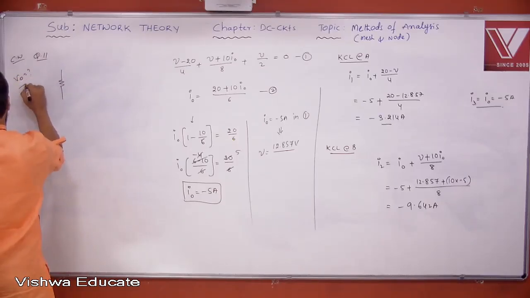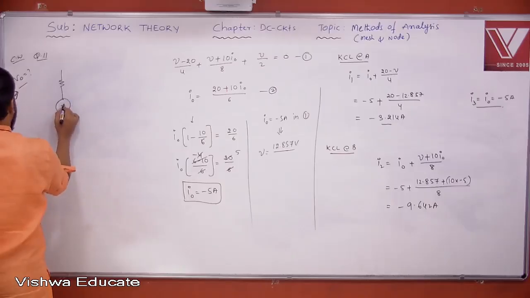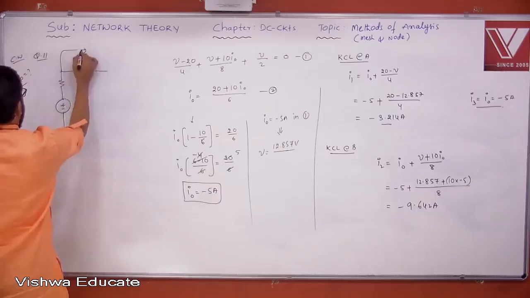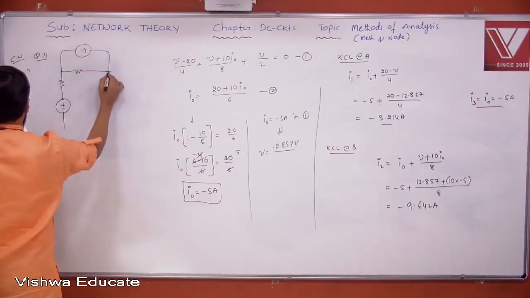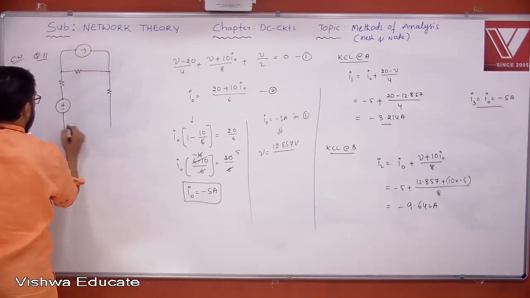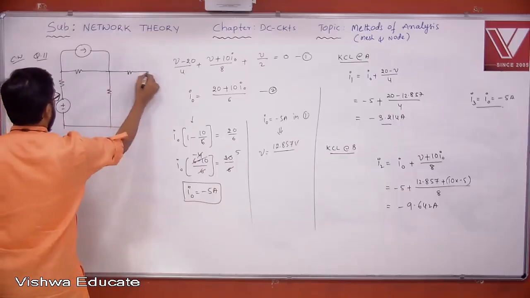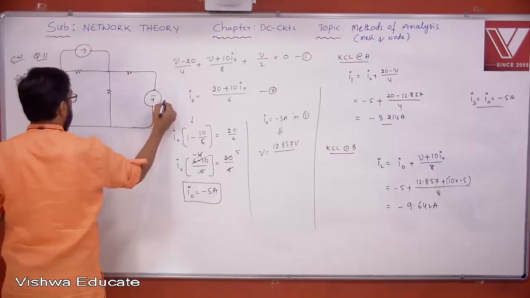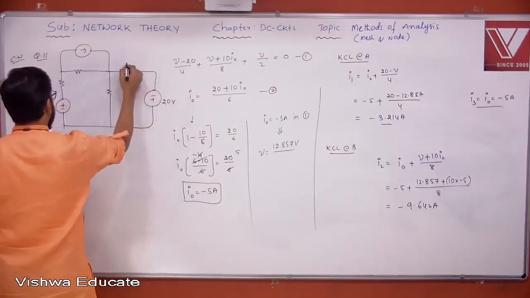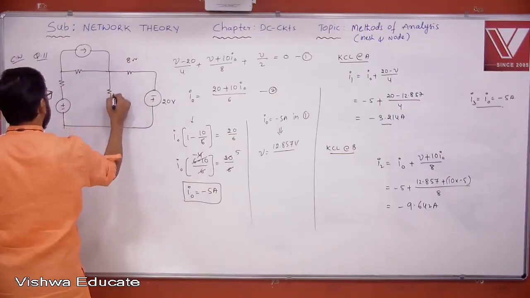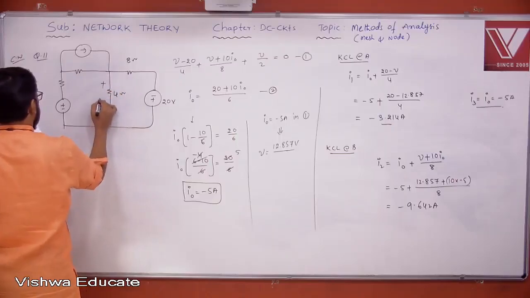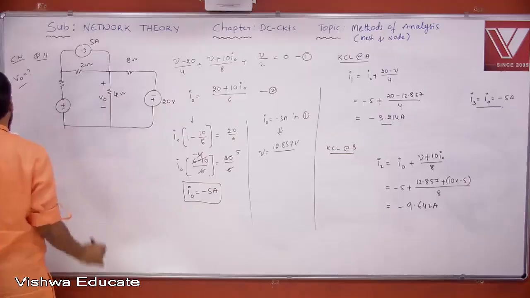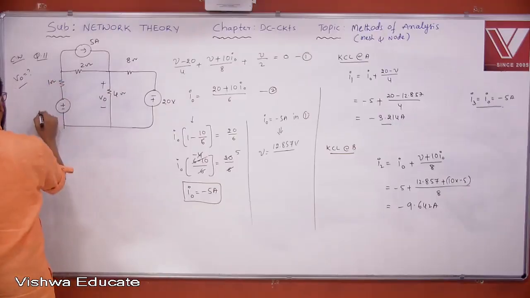Find V naught. This is a very simple problem.